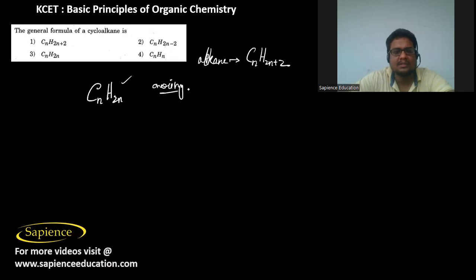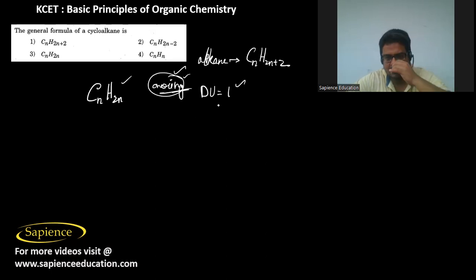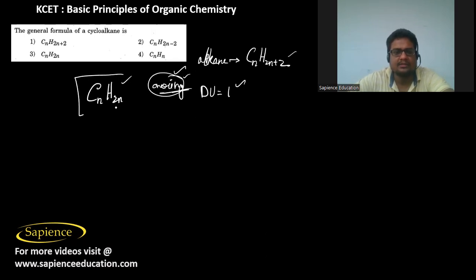But since it is a cycloalkane, one ring has been formed, so the degree of unsaturation is 1 and two hydrogens are removed. So it will be CnH2n. So option 3 is the correct answer.